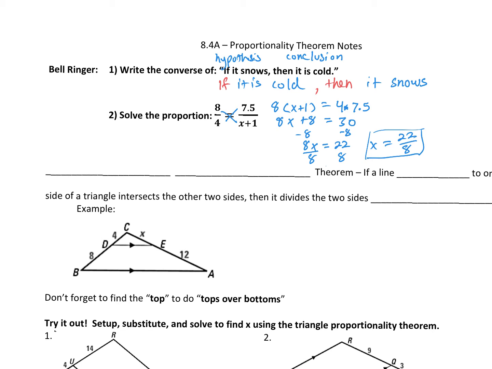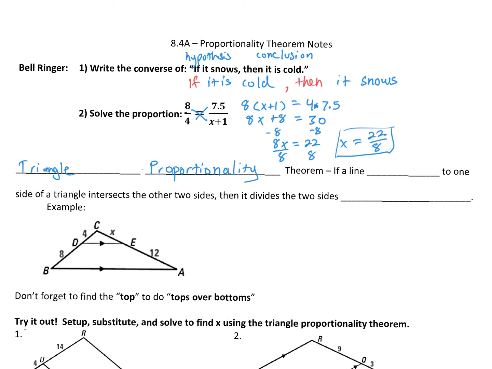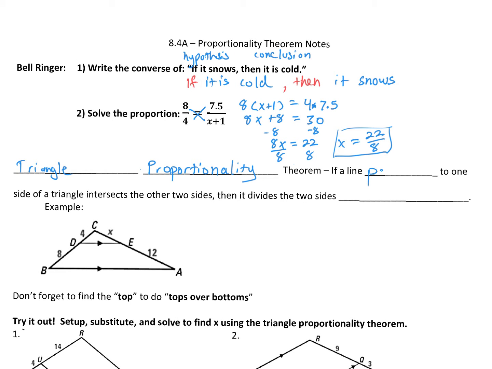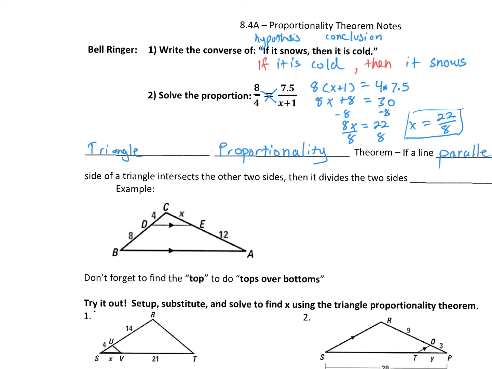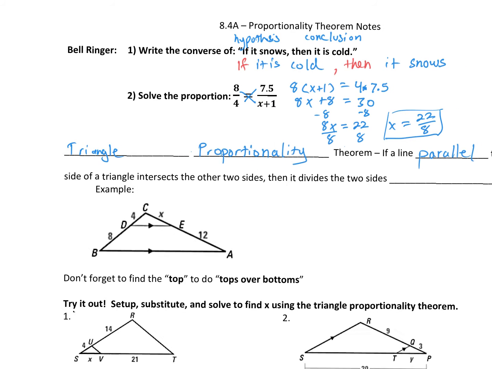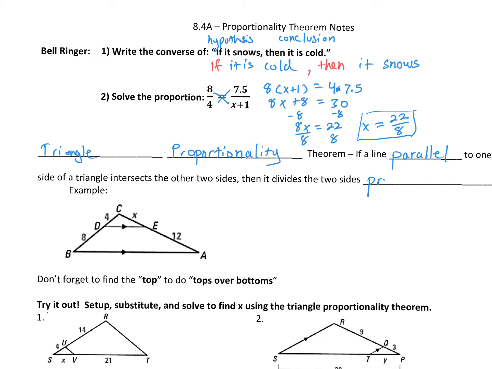Today we're going to talk about the triangle proportionality theorem. And that basically says if a line parallel to one side of a triangle intersects the other two sides, then it divides the two sides proportionally.